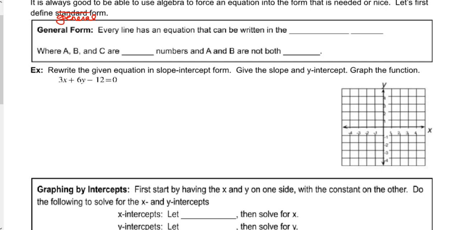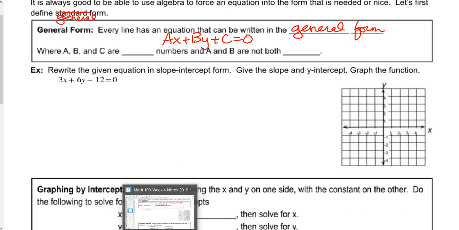Every line has an equation that can be written in the general form. And the general form that we have for this book, other books I've seen it to be different, is ax plus by plus c equals 0. So in this book, the general form is defined to be equal to 0.